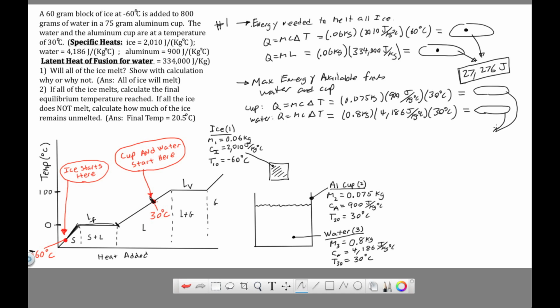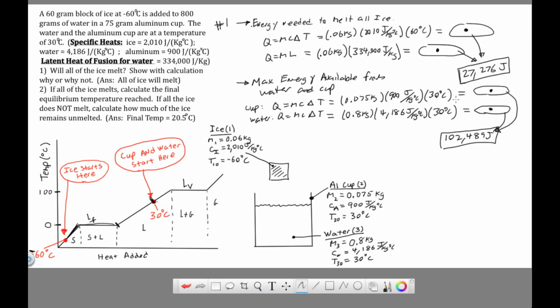I'm going to let you guys punch that into your calculator. I didn't make note of what these come out to. But together, they add up to 102,489 joules.